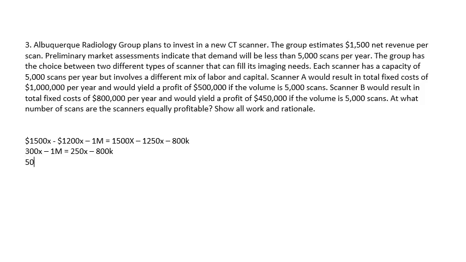Subtracting 250x from both sides completely wipes out the x on that side, and leaves 50x right here. That's actually in dollars, if you remember. So 50x, and I still have my minus 1 million. Those are those fixed costs. Okay, we got rid of the x on that side of the equation.